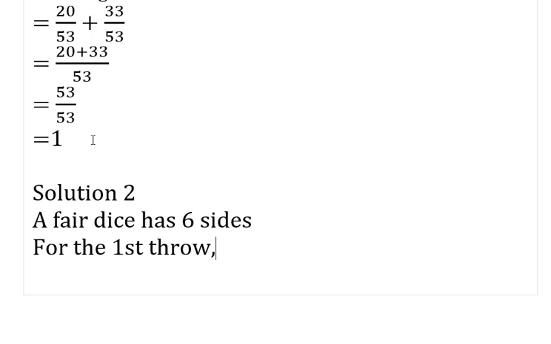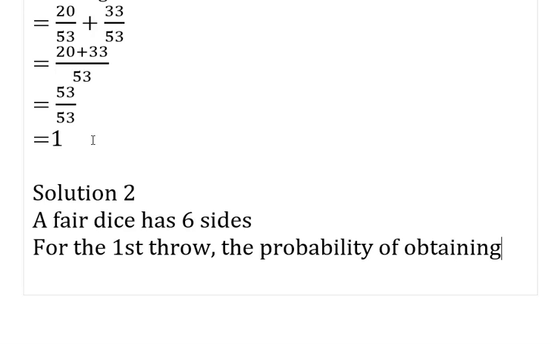So for the first throw, the probability of obtaining 4 upward will be what? Just 1/6.